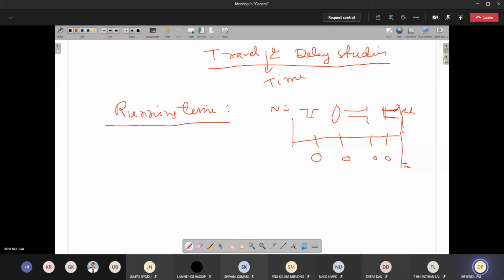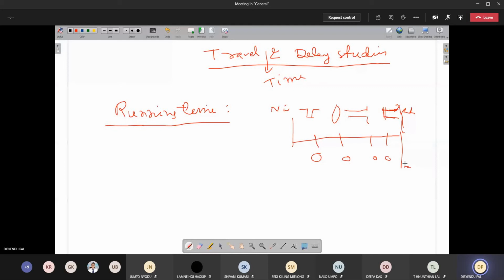Why? Because sometimes there may be no hindrance, and the vehicle is in motion the whole time until it reaches the destination. So there was no stoppage time, so running time is equal to travel time. But in the majority of cases, running time will be less than travel time. So we can say that running time is less than or equal to travel time.